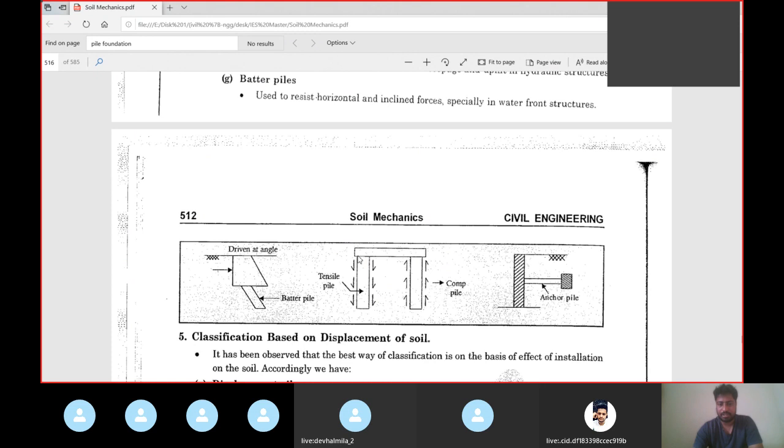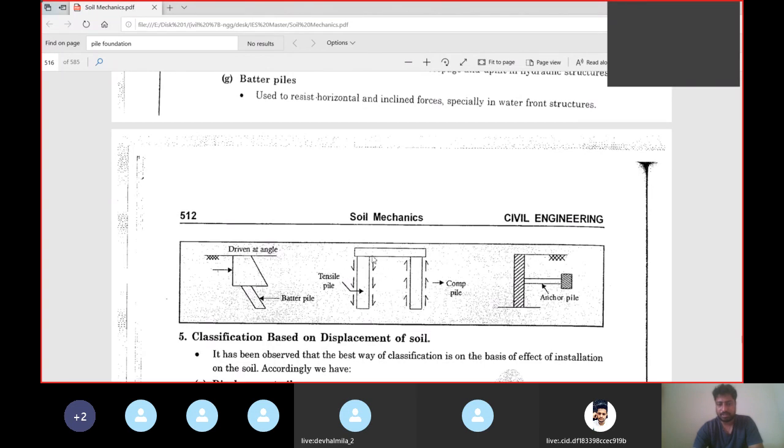Most of the time it happens that there is an overturning at this particular portion. This is an overturning, which means this side will go down and this side will move up. In order to resist this upward movement, this pile is basically resisting the force in the downward direction. So such piles are known as tension piles.